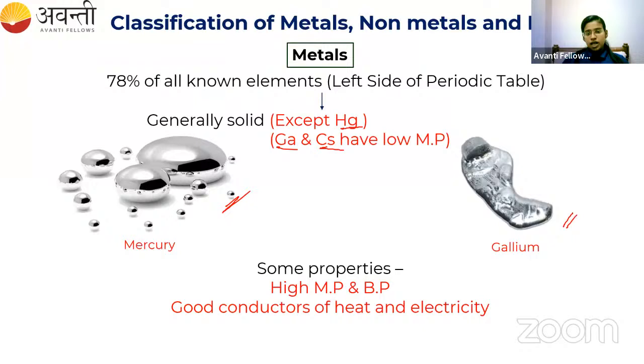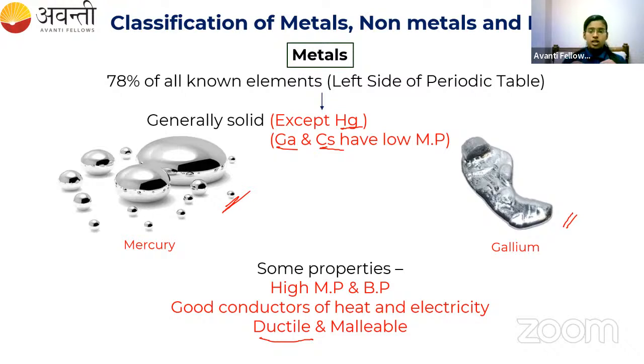And they are also ductile and malleable. So what is meant by ductility? The property by which you can use your hammer and draw metals into thin wires is called ductility. So the metals can be drawn into wires.